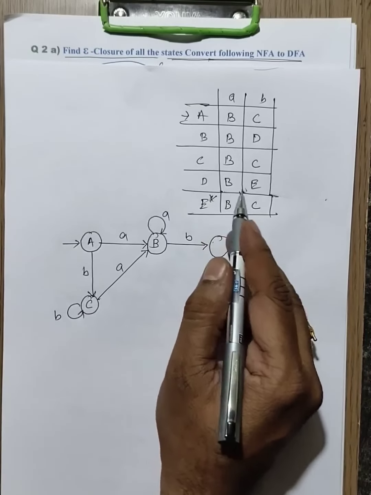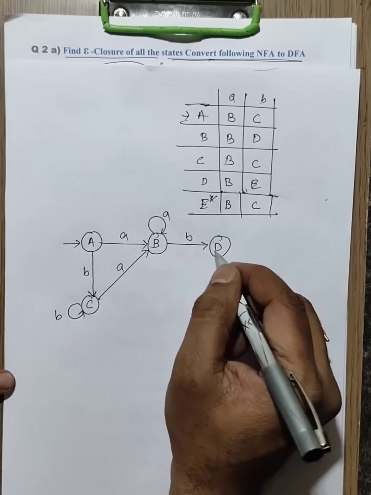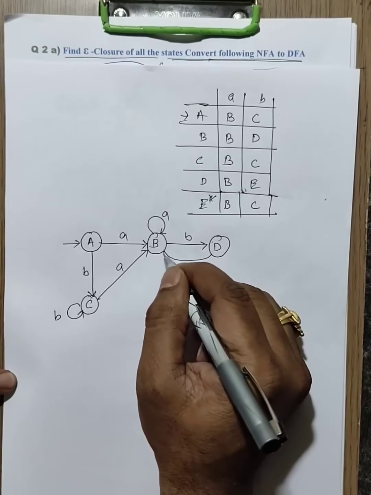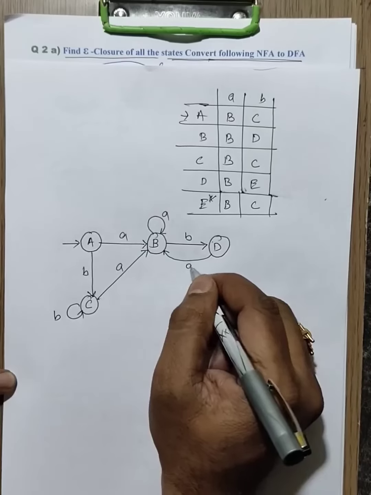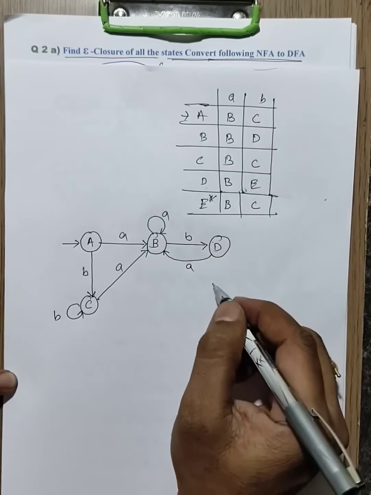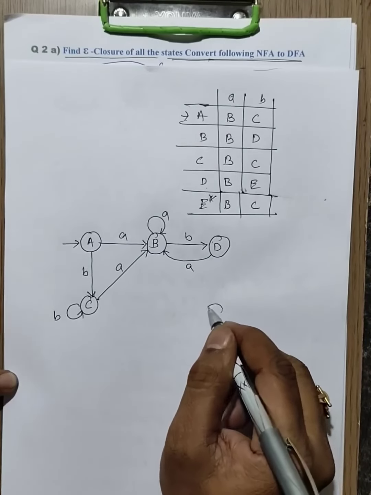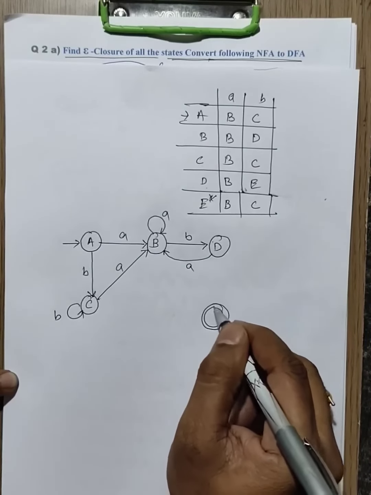Next, D. D to B on input symbol A. D to E on input symbol B. E is a new state, and that is final.